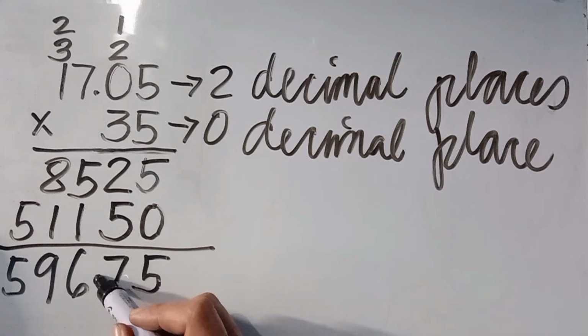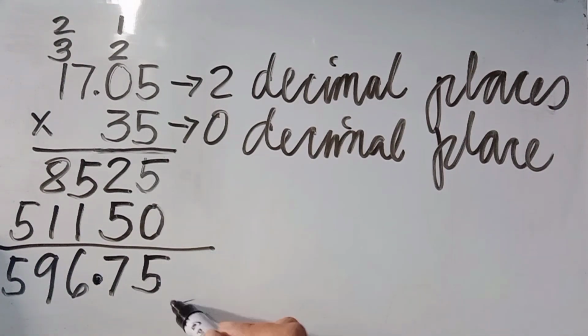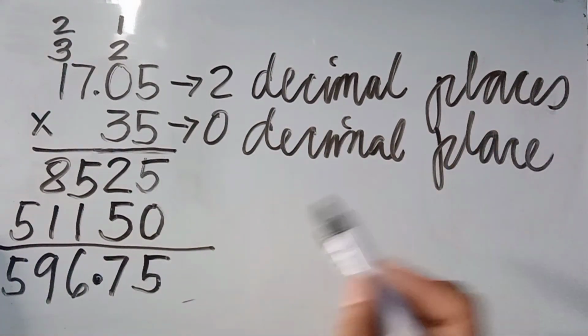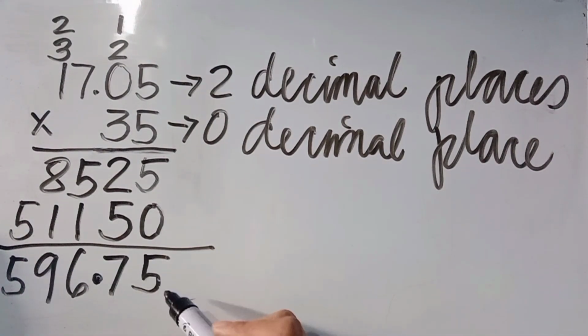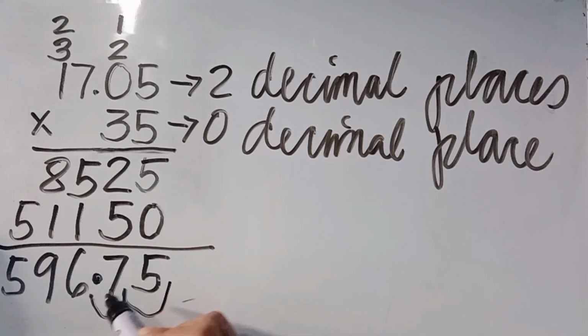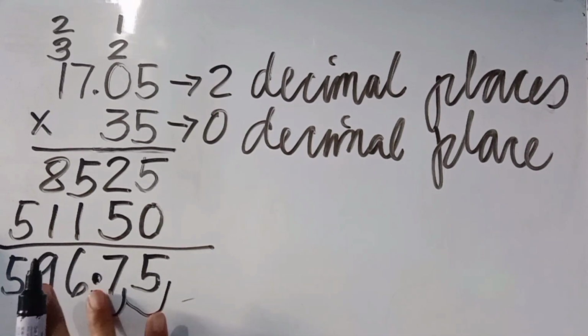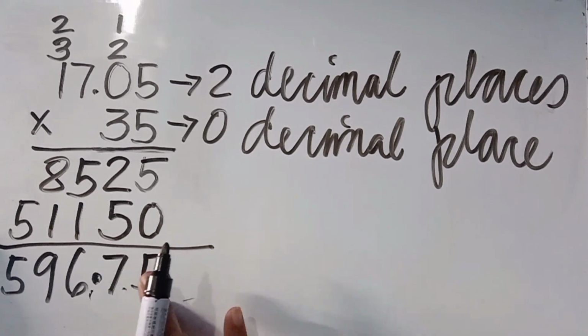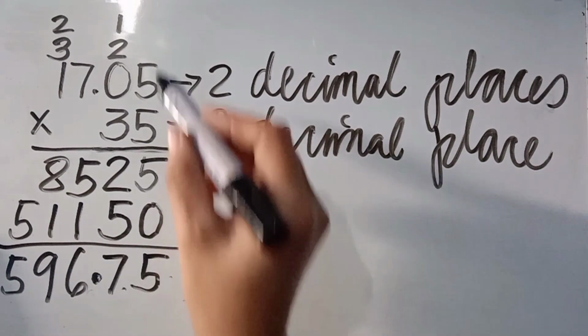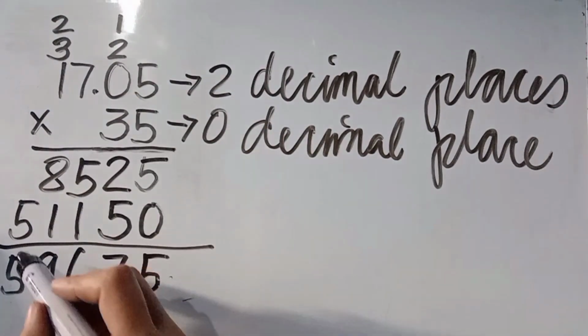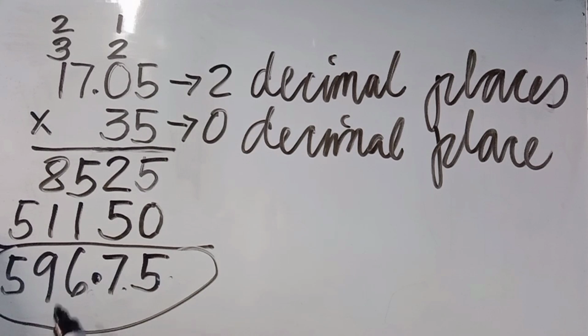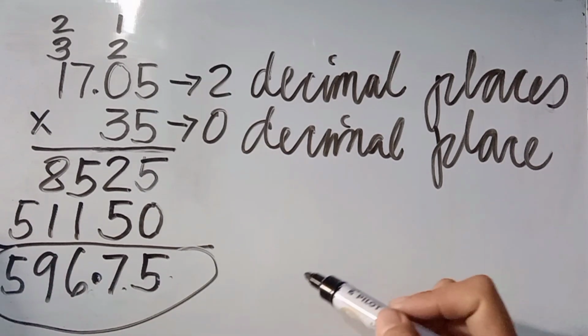So, mapupunta doon ang decimal point. Again, 2 decimal places, count natin from right to left. 1, 2. Ayun po ang decimal point niya. So, therefore, the product of these numbers is 596 and 75 hundredths.